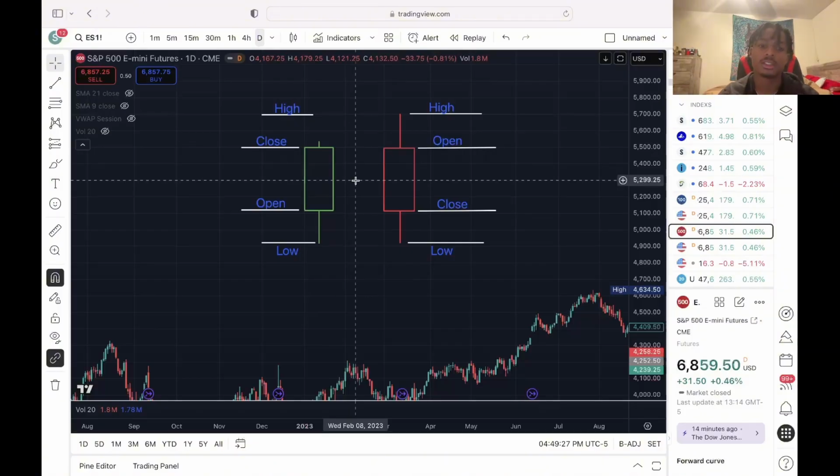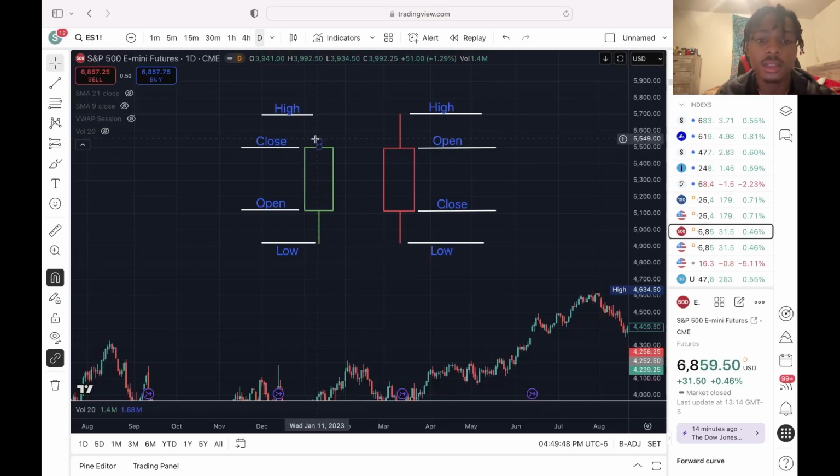You can think about candles as a game of tug of war between buyers and sellers. It's a game of who's stronger and who can make the price go in the direction they want, based on the volume, or however many people are actually buying and selling in that time frame on that candle.